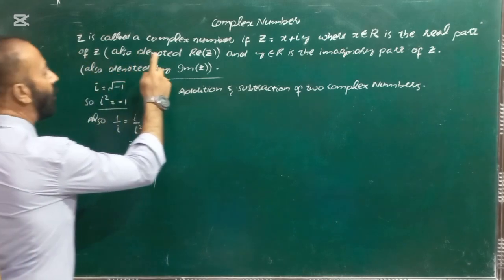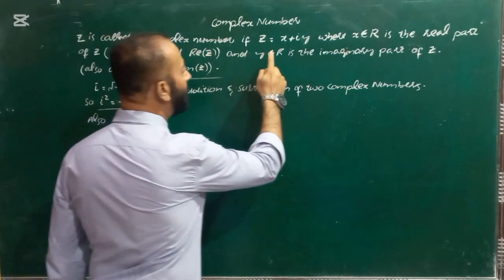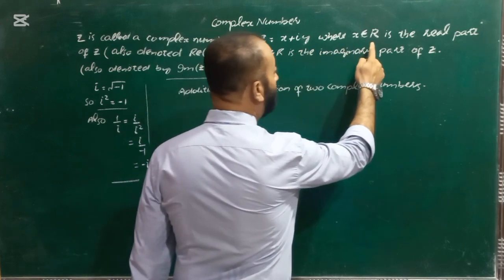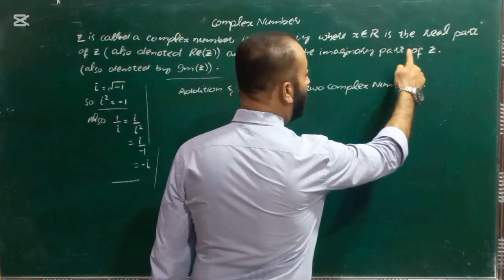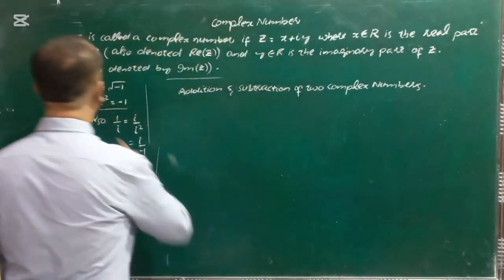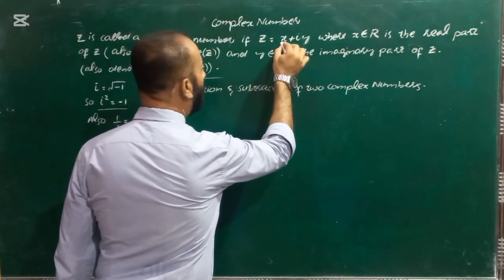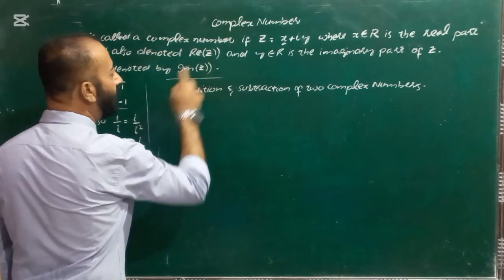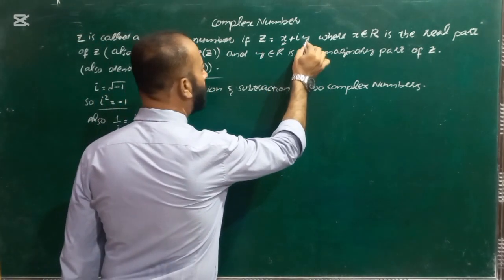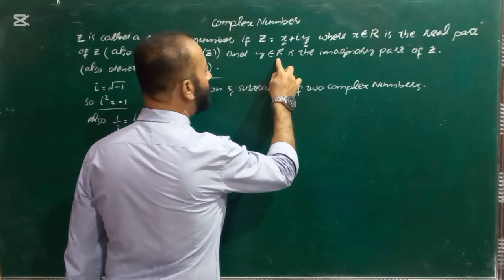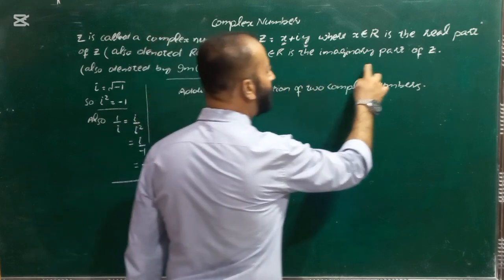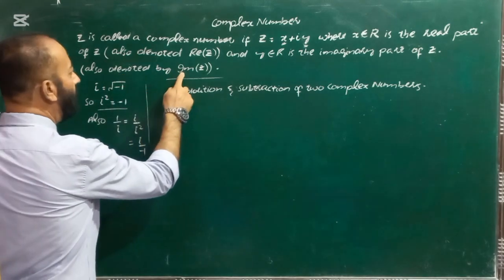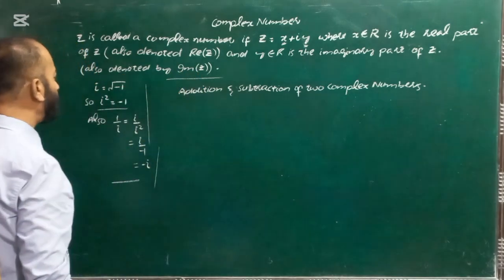Z is called a complex number if Z is equal to x plus iota y, where x belongs to the real numbers and is the real part of Z, also denoted by real Z. And y belongs to the real numbers and is the imaginary part of Z, also denoted by imaginary Z.